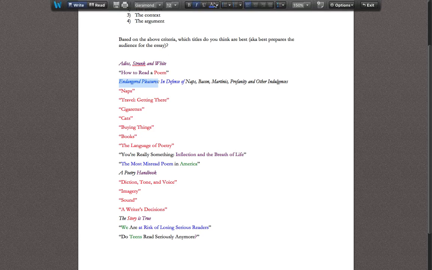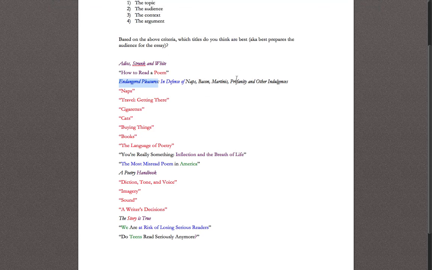So I just wanted to work through these titles to see how they introduce these different elements. Barbara Holland introduces the problem and then the topics that she'll write about. David Orr introduces the problem and a context or an audience that he's going to be addressing. Some of them just introduce the topic itself.